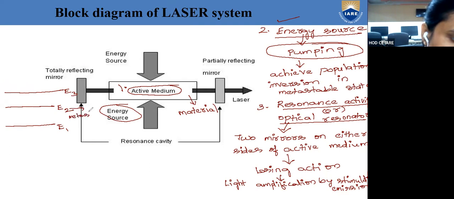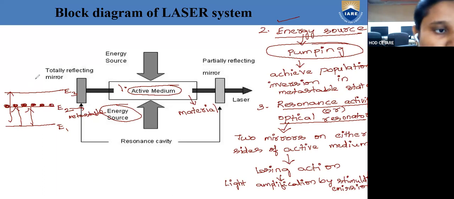Next, we have the energy source. When I supply energy, atoms get excited to E1 as well as E2. But population inversion will be achieved in the metastable state, so you will have more excited atoms in E2. So we are able to achieve population inversion.